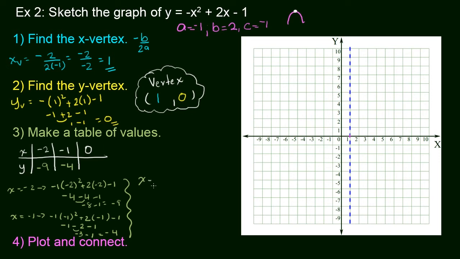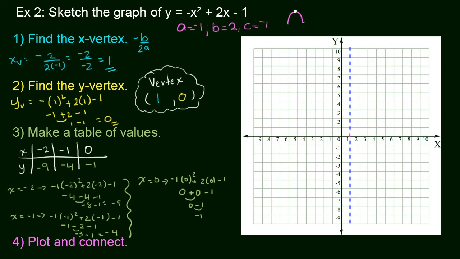At x equals 0, we have negative 1 times 0 squared plus 2 times 0 minus 1. 0 squared is 0 times the negative 1 is just 0, plus 2 times 0 is 0, minus 1. 0 plus 0 is 0, minus 1 gives me negative 1.